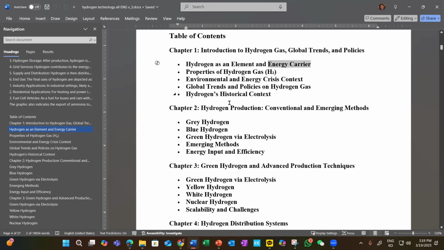Now, today, we would like to mainly cover chapter 2, hydrogen production, how to generate hydrogen gas. Well, hydrogen gas itself has a high energy density, and can be very unstable and very difficult to carry.